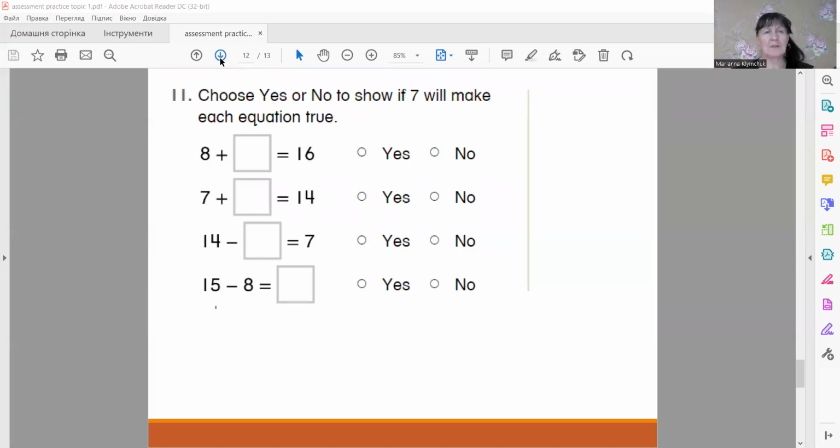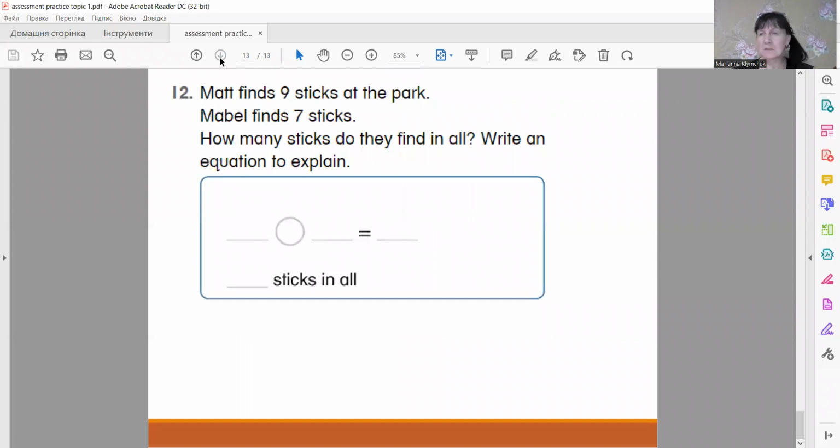This is number 11, and I guess this is the last task. Number 12. So Matt finds 9 sticks in the park. Matt has 9 sticks. Mabel finds 7 sticks. Easy peasy. How many sticks do they find?